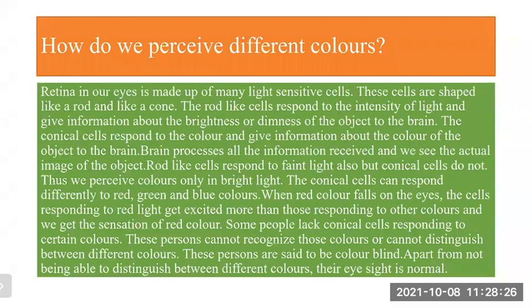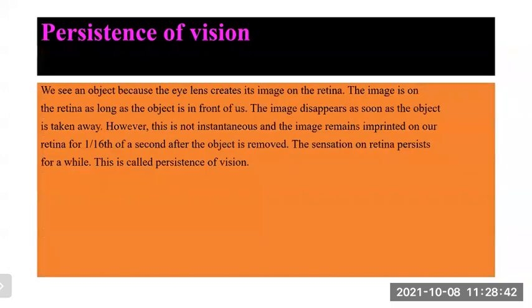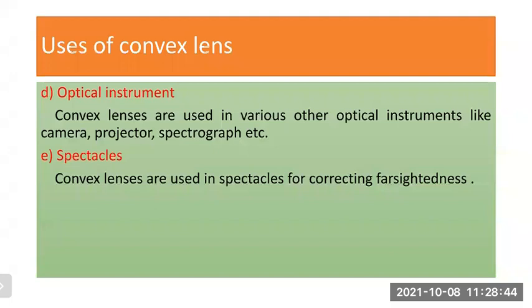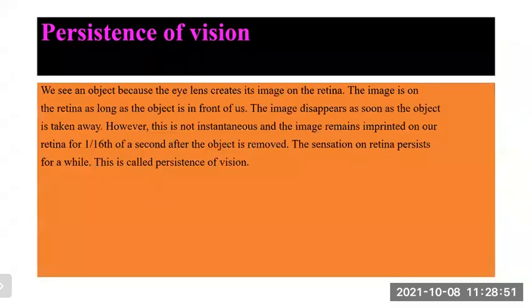Afterwards, we have studied about the apparent size of an object, which depends upon the angle subtended by the object. Then we have studied about the uses of the concave lens and the convex lens, and persistence of vision.